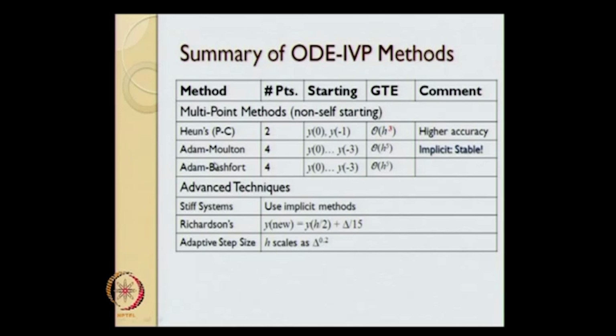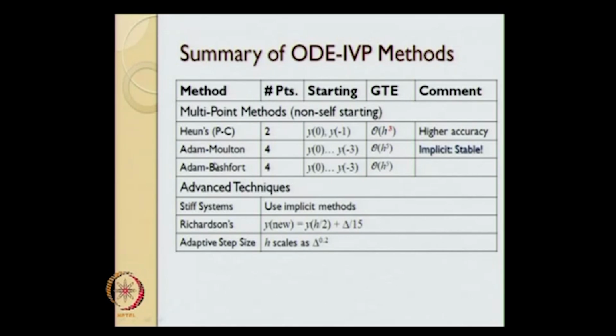We just talked about stiff systems. If the ratio between the largest and the smallest eigenvalue in your system is greater than 10 to the power 5, do not even think about it, just go and use implicit methods. The specific implicit methods that I can suggest to you are either the Adams-Moulton method or the Crank-Nicolson method.